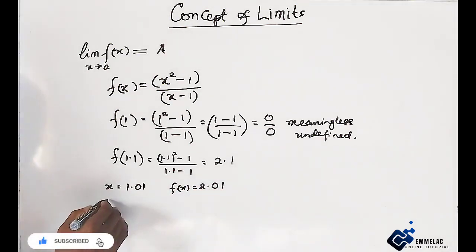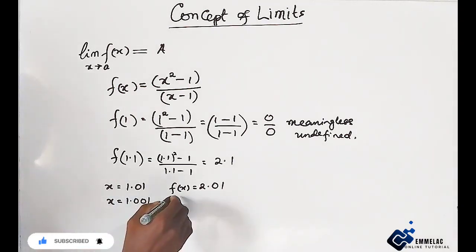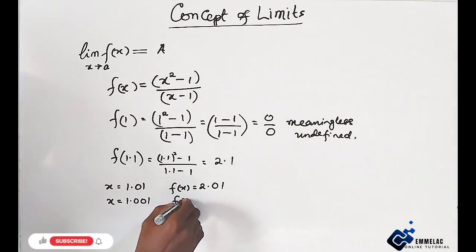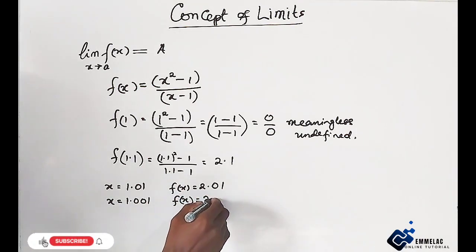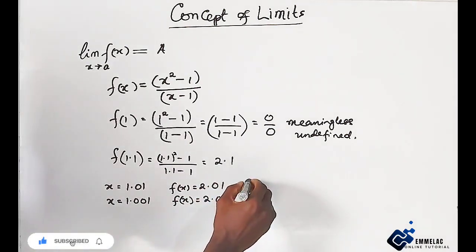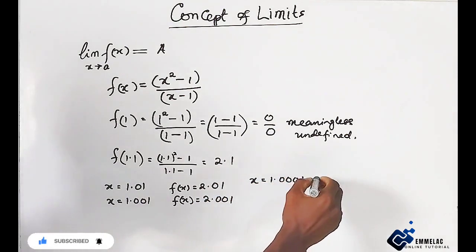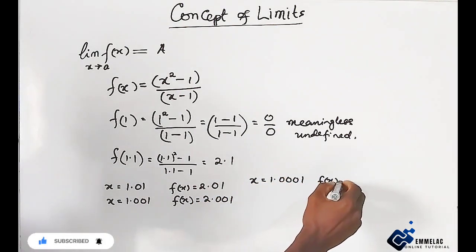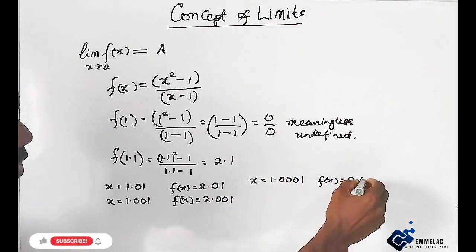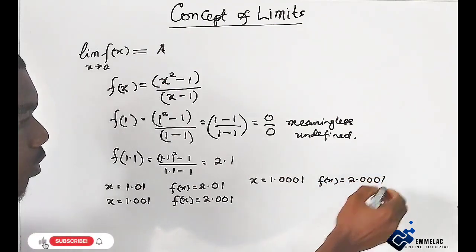Now, if x is 1.001, f of x will be 2.001. Same thing if x equals 1.0001, f of x will be 2.0001.